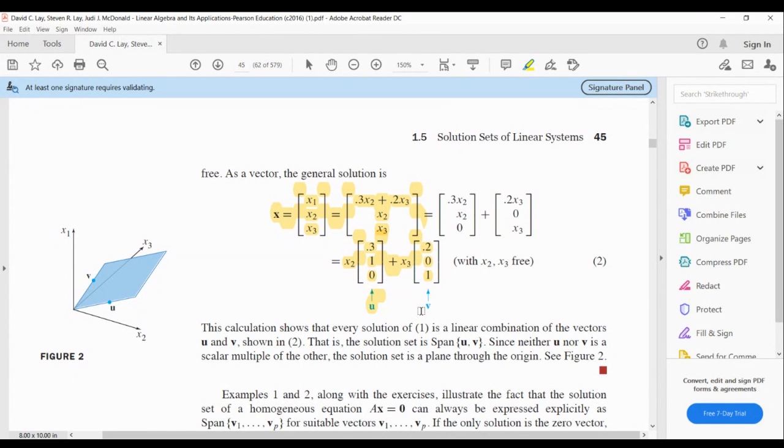If you were to take any linear combination of vectors u and v, as you see in figure 2 on the left, all linear combinations of the vectors u and v will trace out a plane in three-dimensional space that contains the vectors u and v.